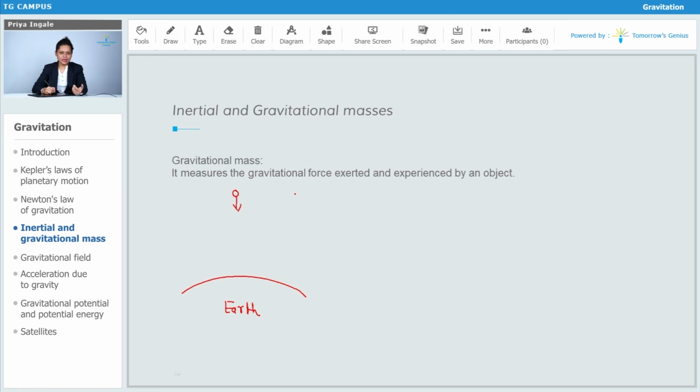Here also we can write force is equal to mass into acceleration, but here we have a special acceleration with the value 9.8 meter per second square, approximately equal to 10 meter per second square, known as acceleration due to gravity. So the gravitational force is given by mass into acceleration, that means m into g. So the mass is force per unit g, correct?